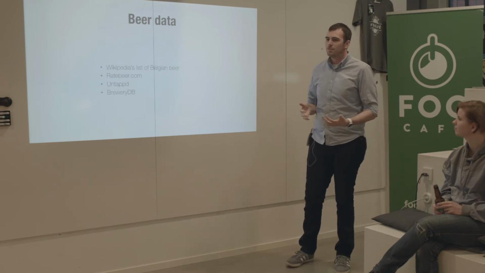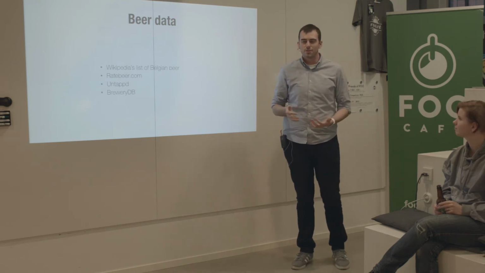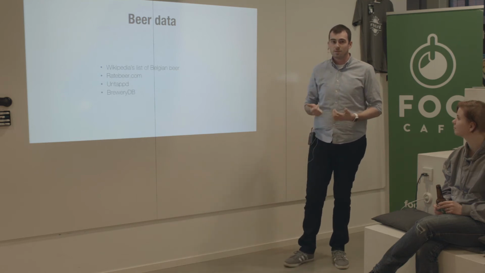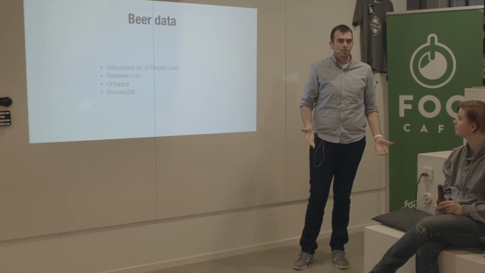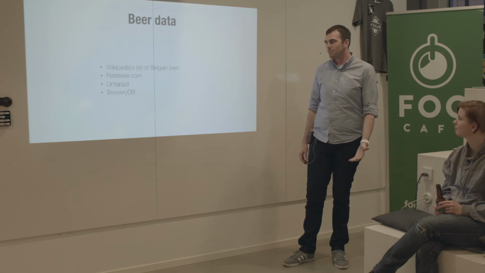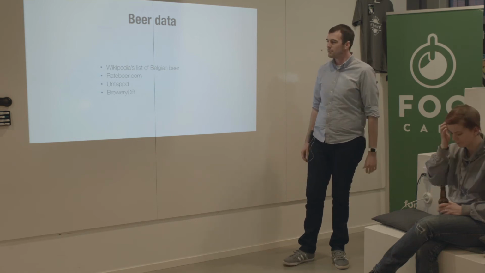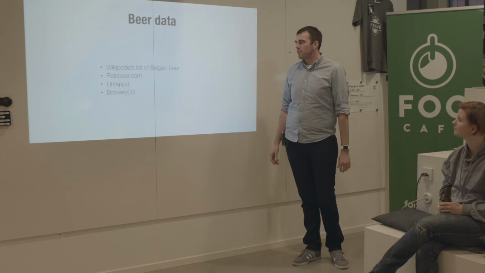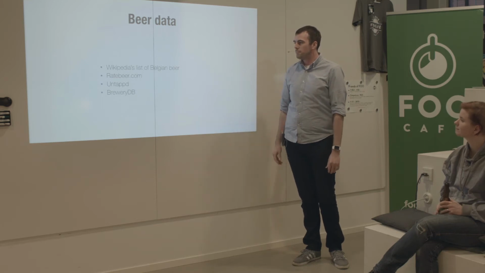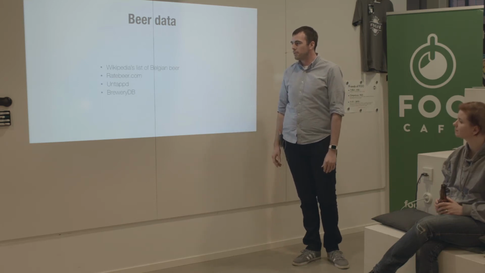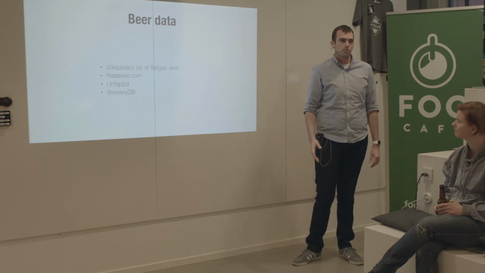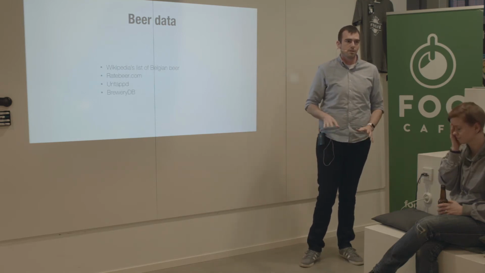So the first thing that you've got to do is get data. Of course you can go to Wikipedia and get Belgian beers like Rik did, but I like more than Belgian beers, and there's a lot more than Belgian beers, although there are very good beers. There's also a couple of other beer databases that you can try to use. RateBeer.com is a popular website where you can find beer data.